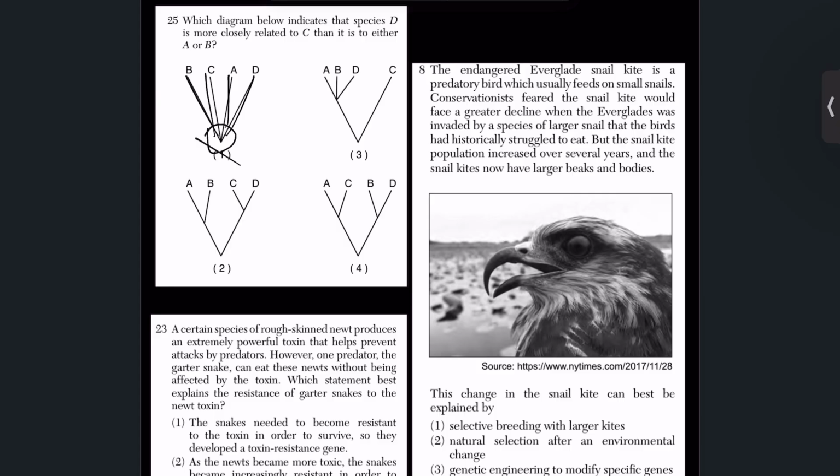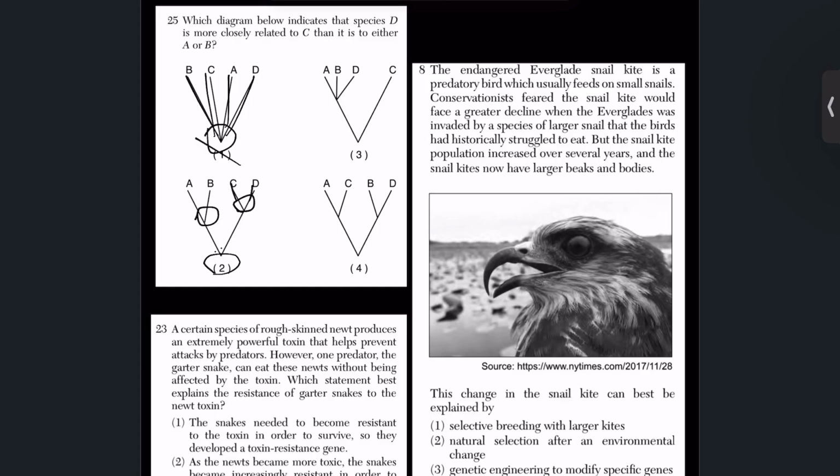For the next one, for number 2, we have C and D share the most recent common ancestor here, and A and B share the common ancestor here. And this would be our best answer because it means that species D is closely related to C because it has an extremely close common ancestor, but its most recent common ancestor with both A and B is all the way back here. So number 2 would be our best answer, but we'll check through the other ones just to be sure.